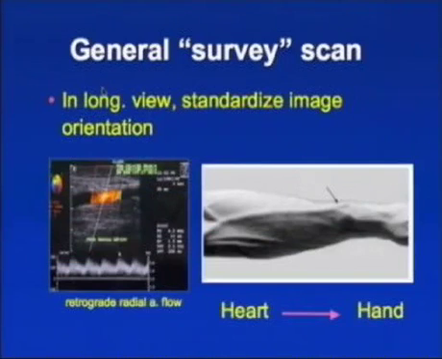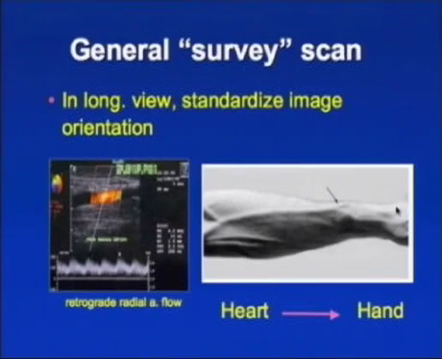One caveat that I'd like to give you is that, especially on loop grafts in which you have blood flow going down the arm in the graft and then coming back in the arm, it's very important to determine flow directions. So to standardize the scan procedure, I would recommend that you set up the image so that the hand is always to the right of the screen, as we demonstrated here on this diagram.